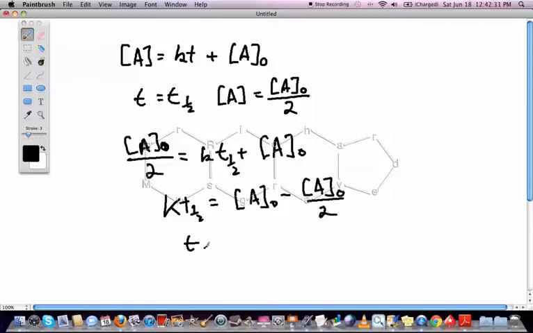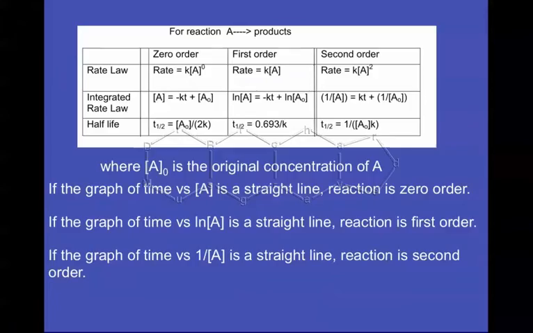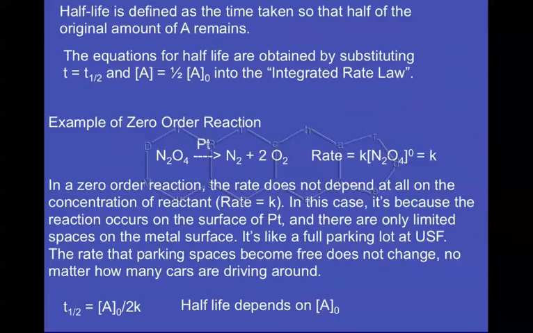So t half will equal [A]0 over 2k. So there's our half-life equation. We can get the half-life equations for any of those rate equations by using a similar method to what I just used here.